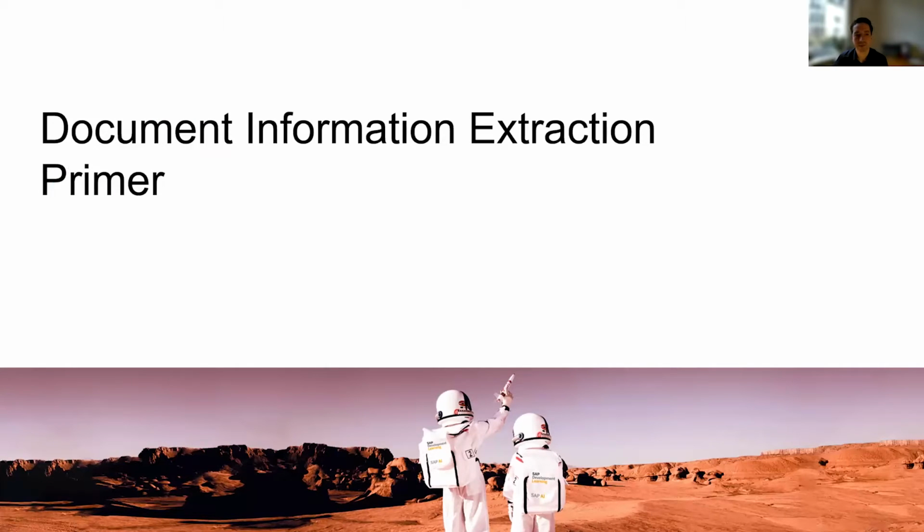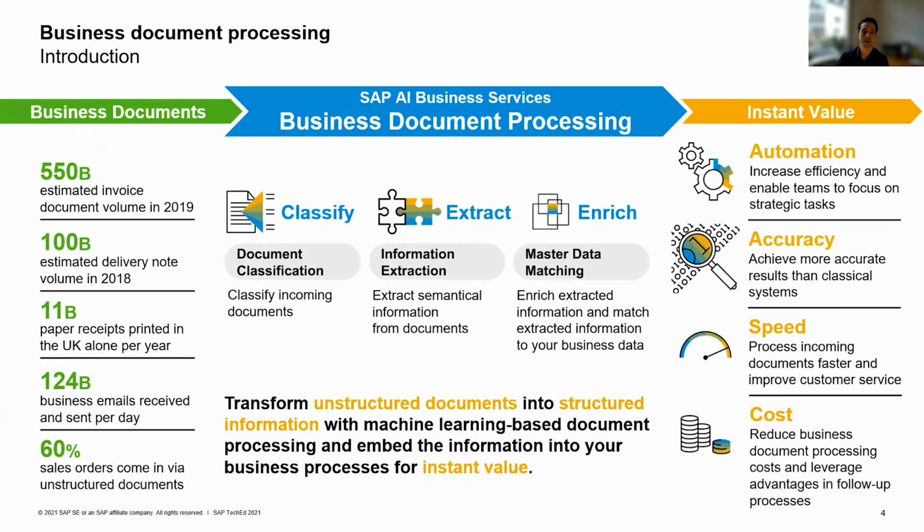So first of all, let me give you a short primer to document information extraction. So what do we understand as business document processing at SAP? Many processes in enterprises still involve processing of large amounts of business documents, be it, for example, supplier invoices in accounts payable or customer orders in sales.